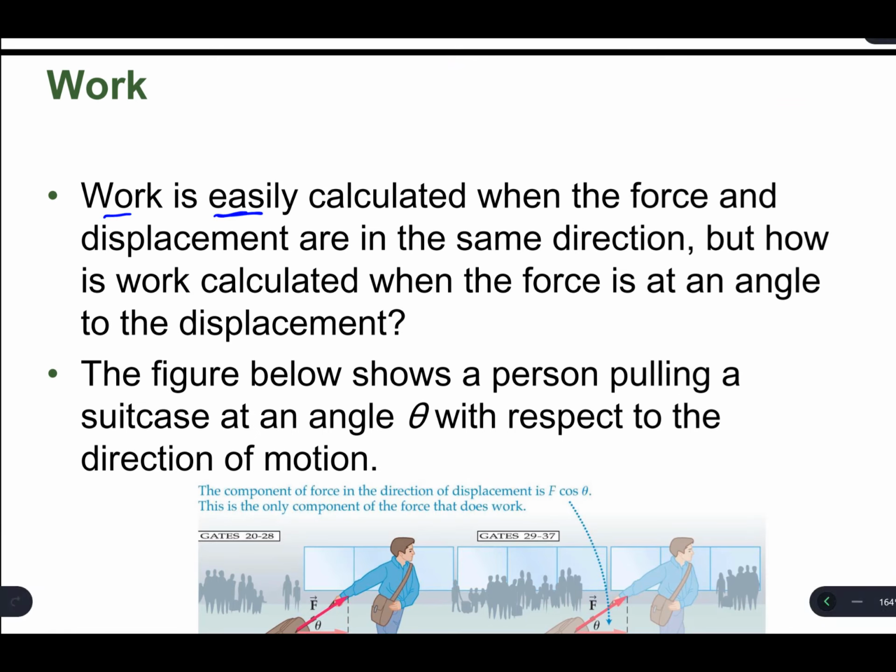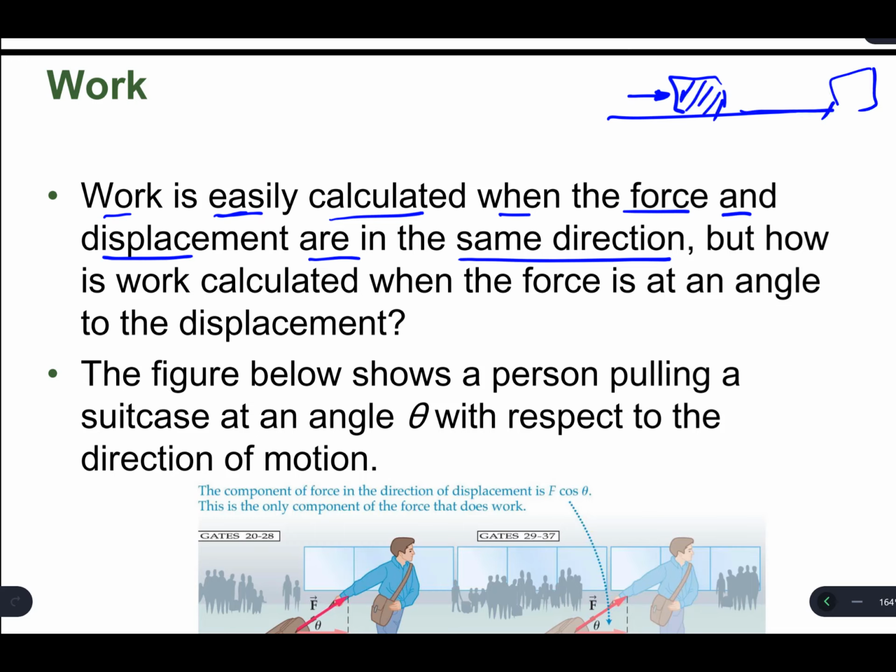Work is easily calculated when the force and displacement are in the same direction. Like this example, you are pushing a box a distance d, you move it to a new place. So you multiply F times d. But hold on, what if the force is not in the same direction as the displacement?